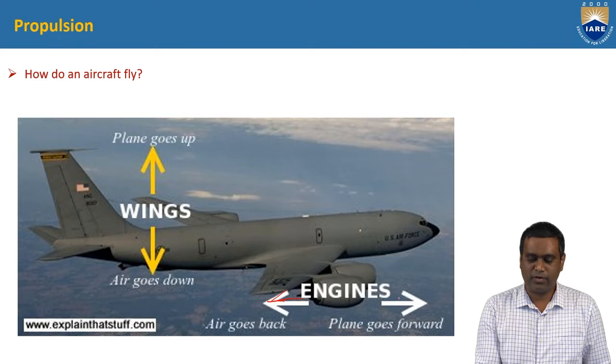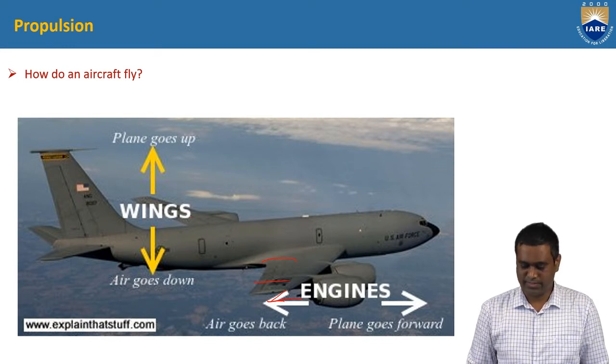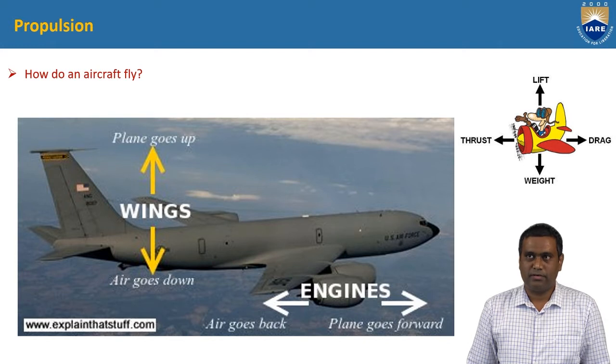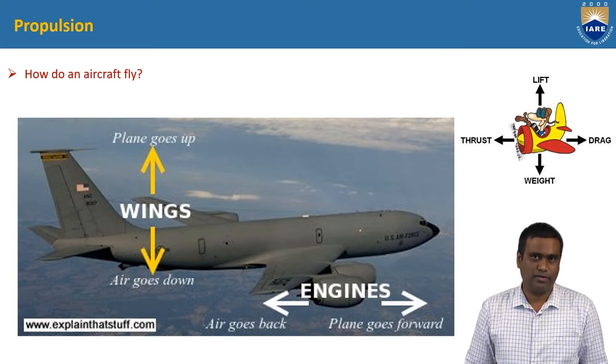While the plane is moving forward, the flow over the wings generates lift, and thus the aircraft flies. These are the four types of forces acting on an aircraft.